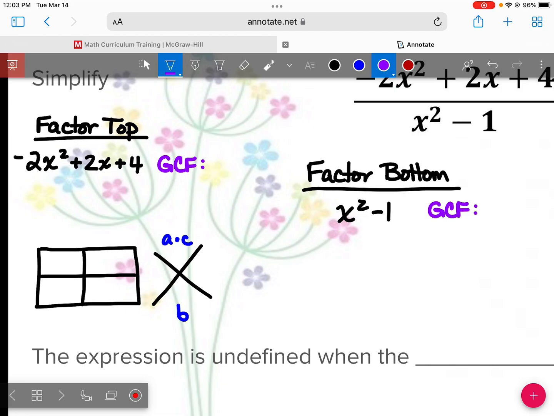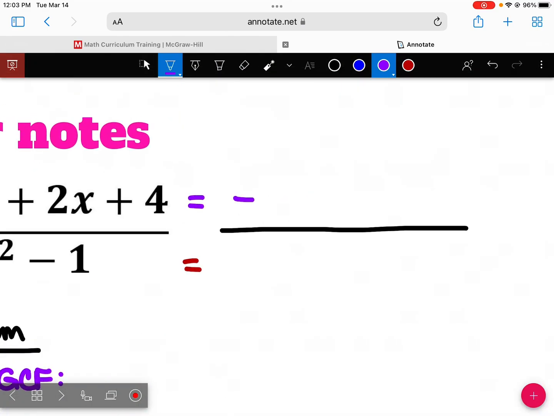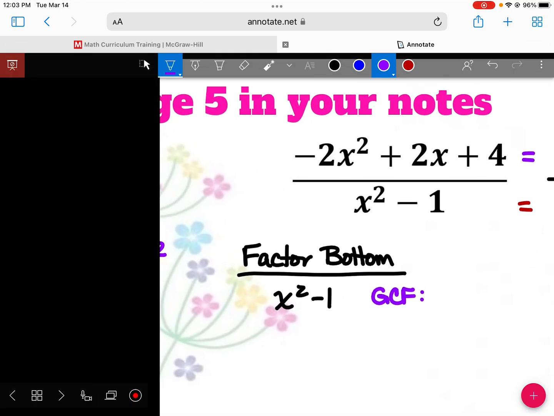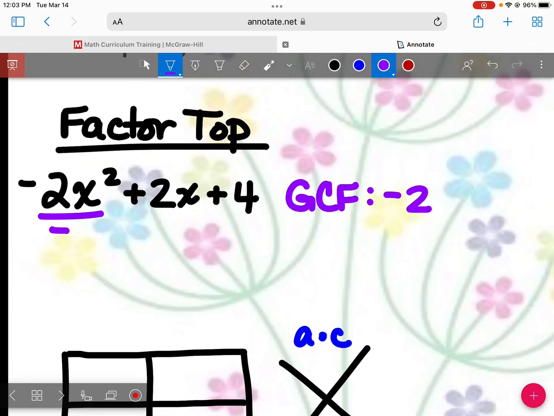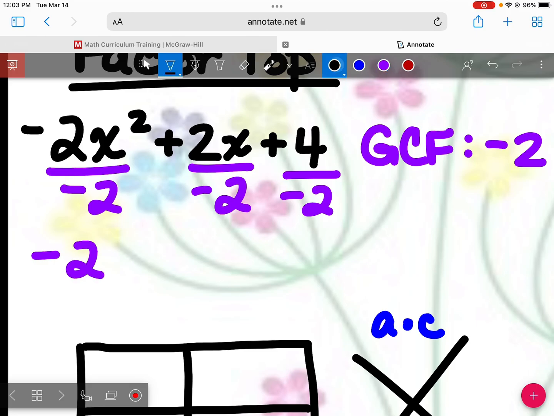Does the numerator, does the top have a GCF? What is it? -2. That means up on top, I have a -2 there along with whatever other factors I might find. I have to take that GCF out of each of these pieces. So I would have -2 times, what would I have left if I do -2x squared divided by -2?